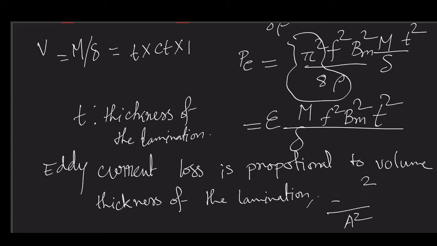This f square phi square can be written as v square, right? Frequency into flux gives us the dimension of voltage. So eddy current loss is also proportional to voltage square.